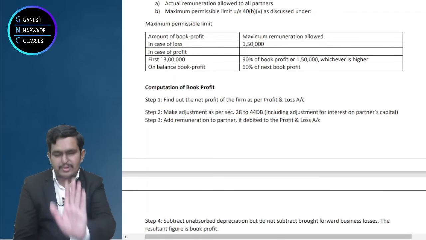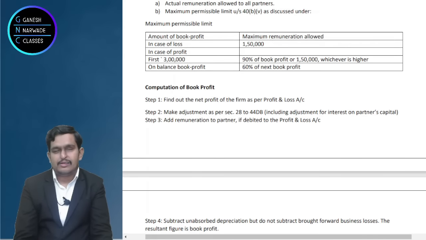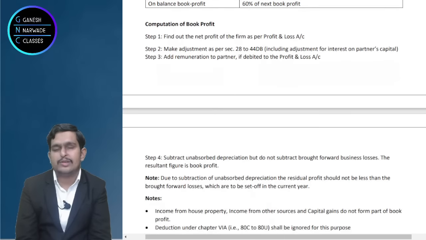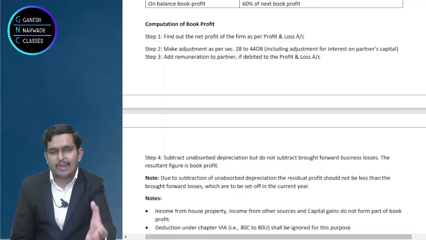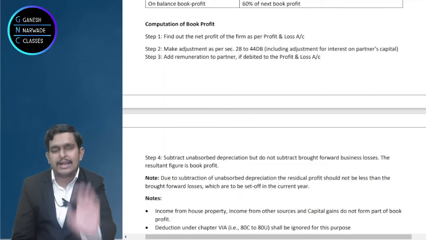Whatever remuneration is debited to P&L account, add back. If it is given in adjustment and not debited to P&L account, then ignore, don't add back. But if it is debited to P&L account, then only add back. Because if something is wrongly debited, we will correct it by adding it back. Same with remuneration.